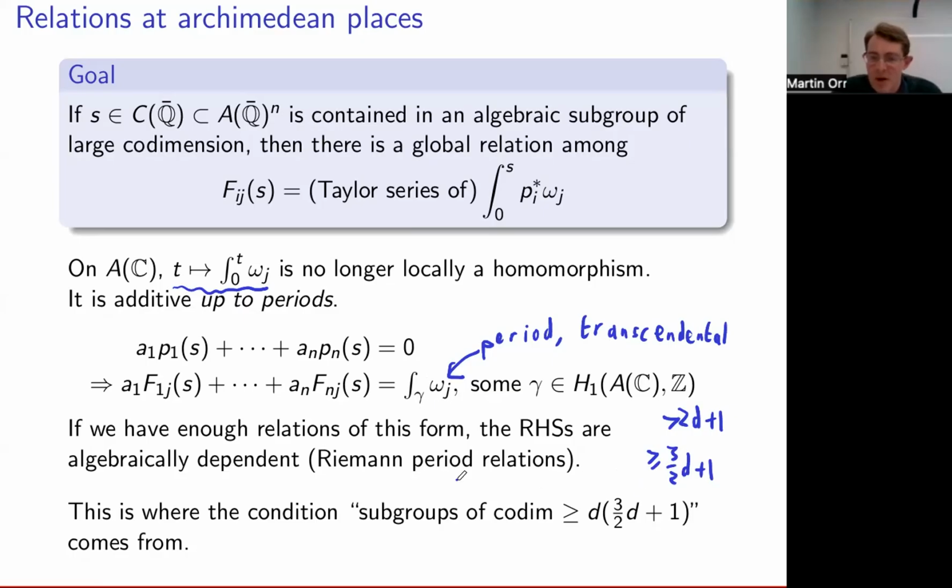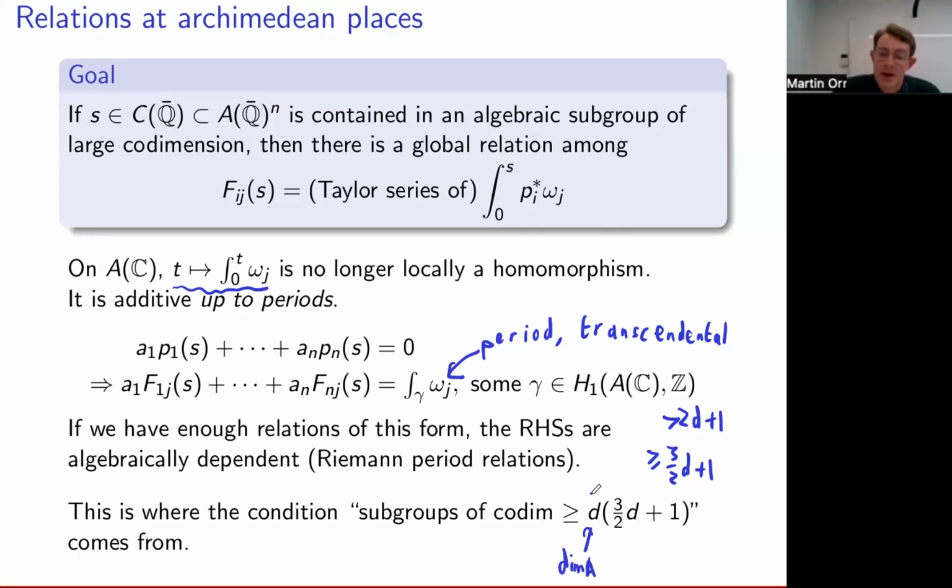In particular, we need lots of relations that look like this, which gives us our condition that the subgroups have to have codimension bigger than this. Maybe the difference between these 3 halves D plus 1 relations and this codimension having an extra factor of D is because the dimension of my simple abelian variety A was D already.